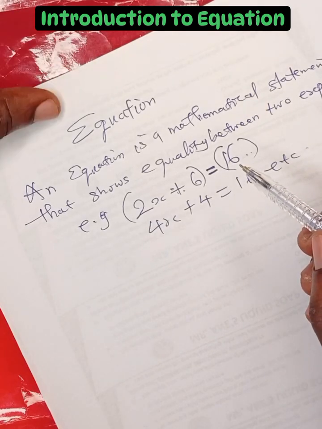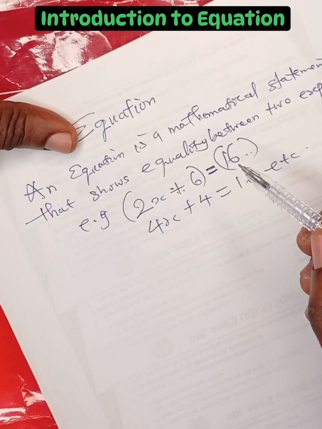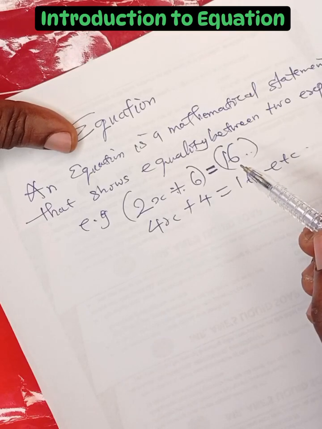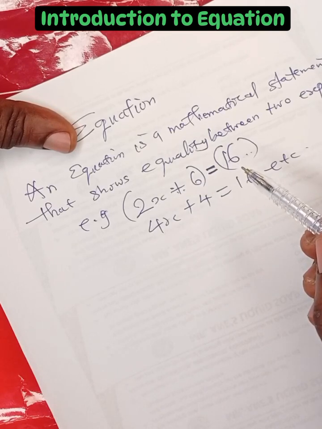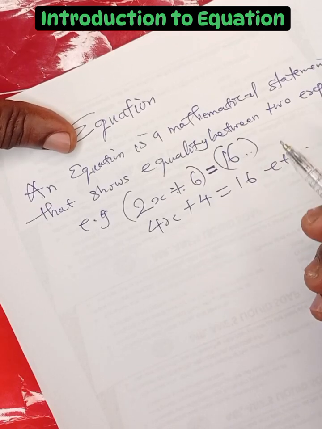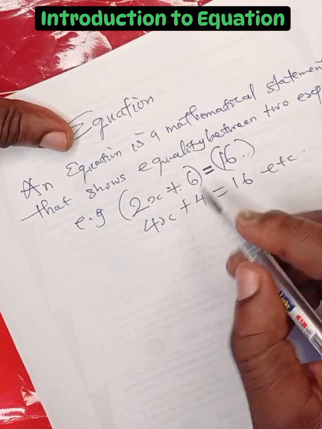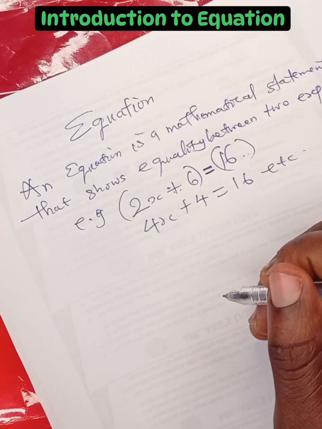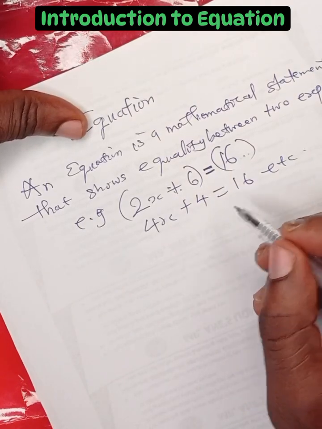Now, let's listen further. Equations which arise out of practical problems in many ways usually consist of more or less complicated expressions on both sides of the equation. There are different forms of equations, one of them being linear equation. The linear equation is what we solved in our previous class.